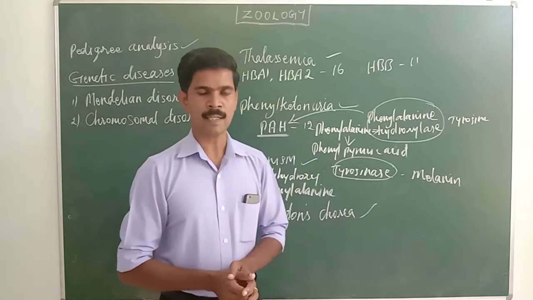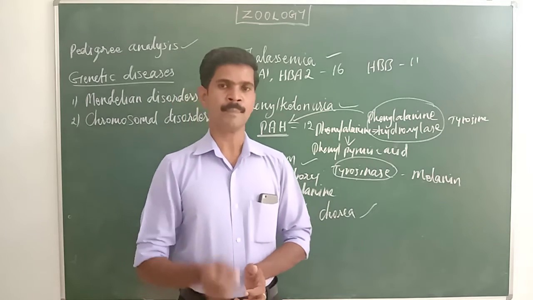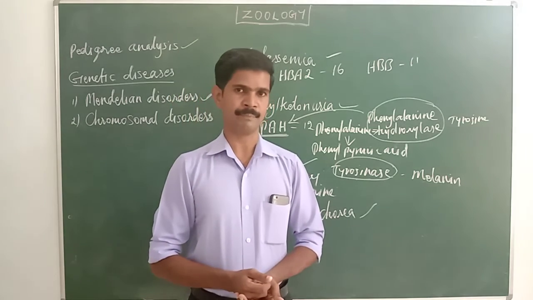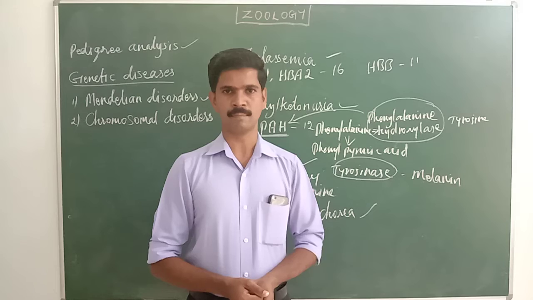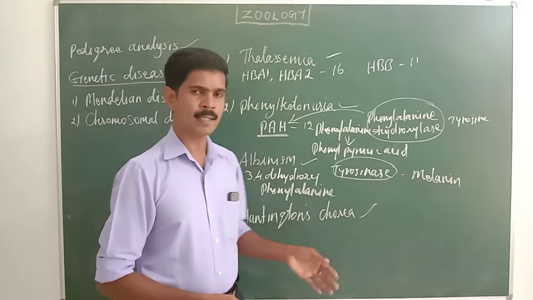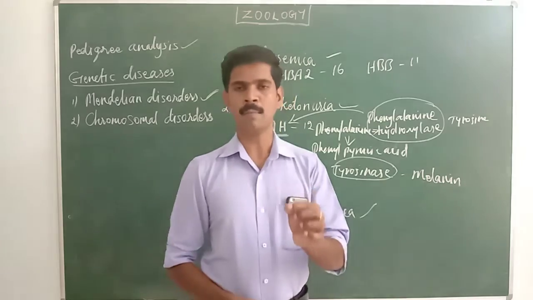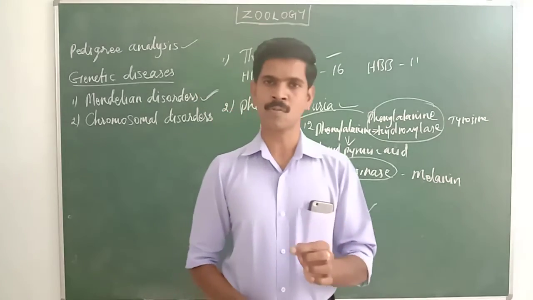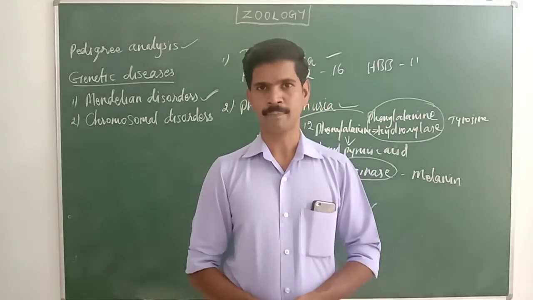Understand? That's all about Huntington chorea. So Huntington chorea is the example for the autosomal dominant gene disorder.